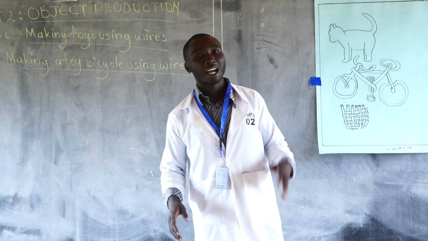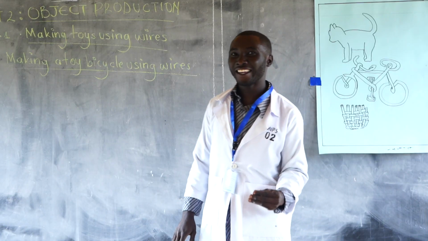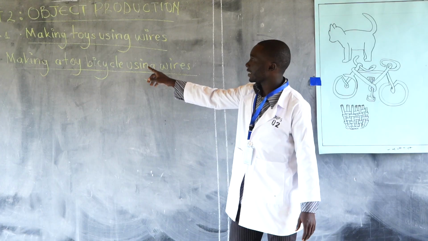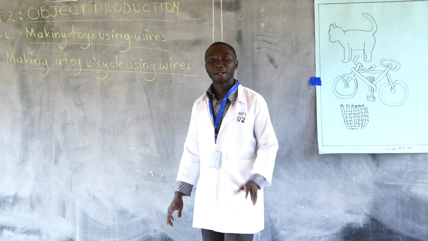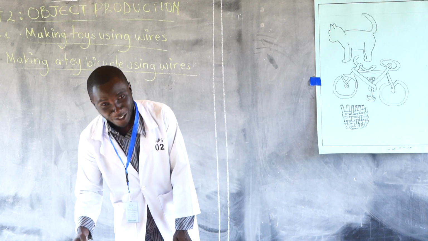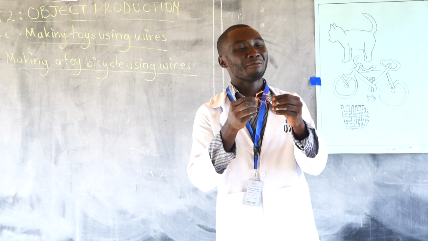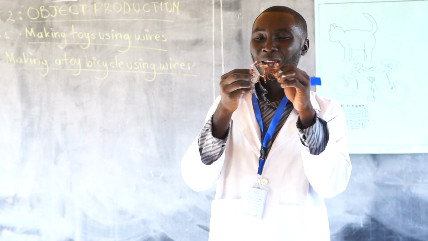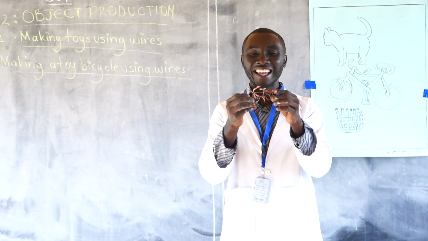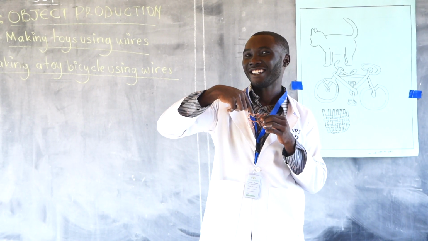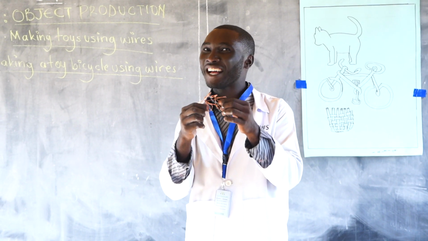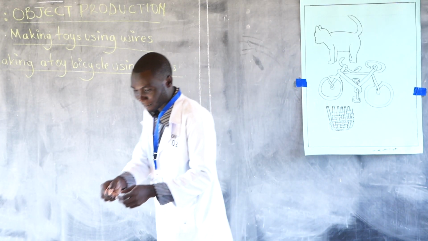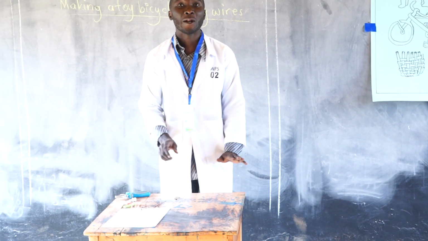We are going to see how we can make a toy bicycle using wires. You can see that here I have my already made toy bicycle, and we are going to produce another one like this, using the materials that are locally available.